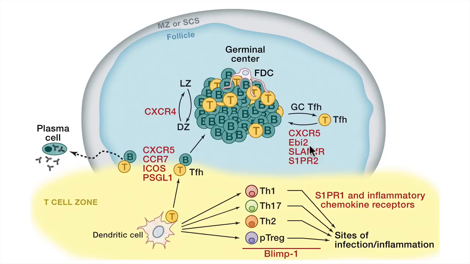And EBI2 is well characterized to have ligands that are expressed in the follicle, but around the periphery of the follicle and not in germinal centers. And so both germinal center B cells and GCTFH downregulate this receptor, such as to allow them to concentrate in the germinal center zone itself.